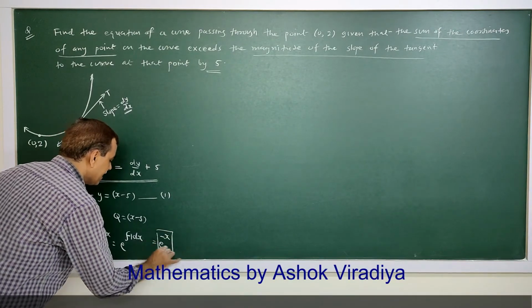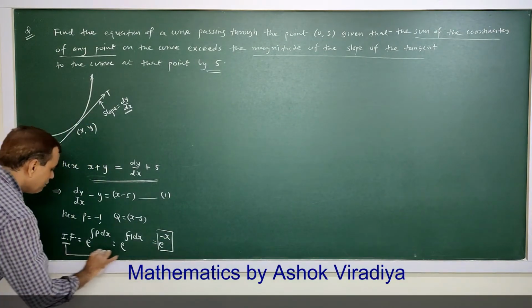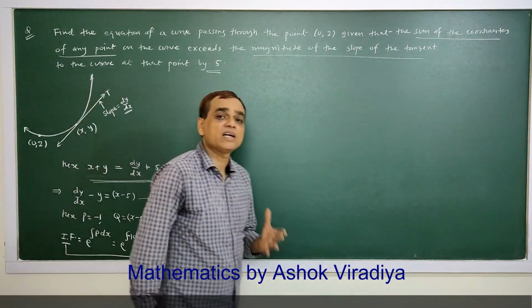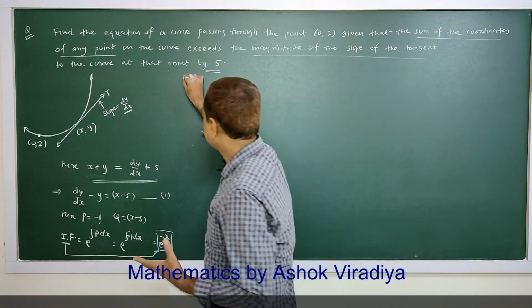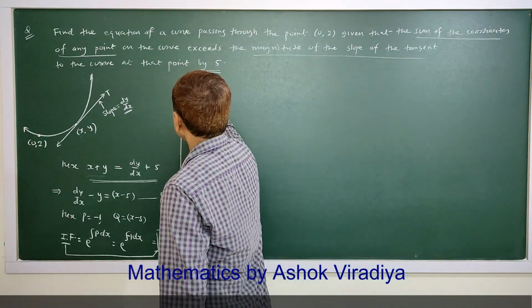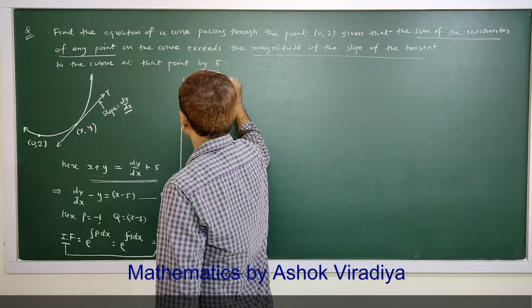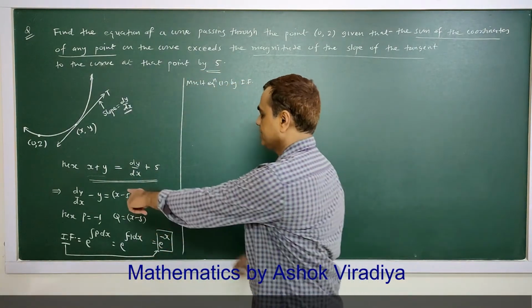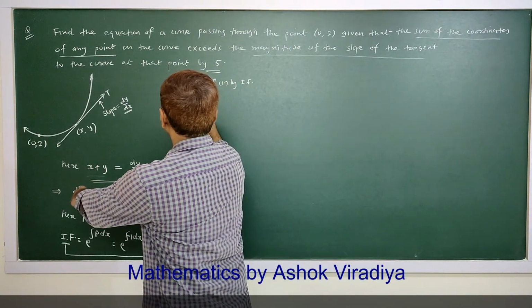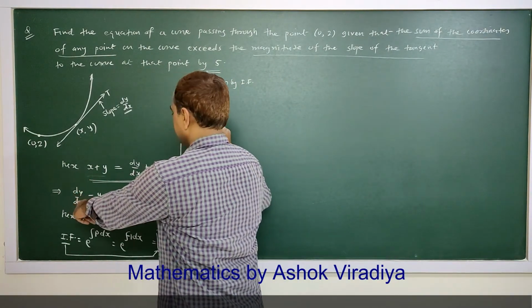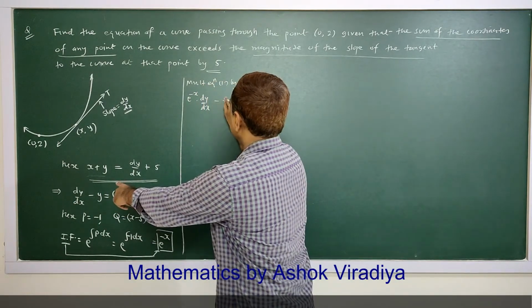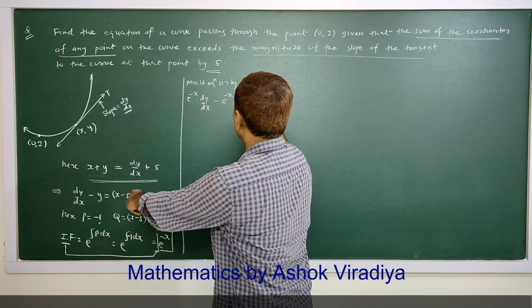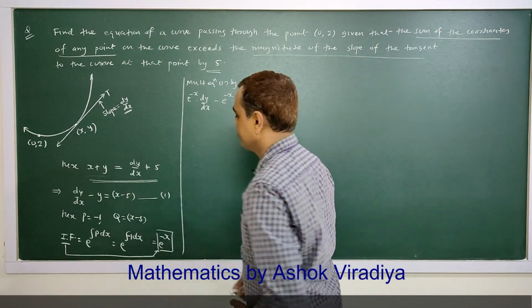This is the integrating factor. Now we are multiplying this integrating factor to equation 1. So multiplying equation 1 by integrating factor, here e raised to minus x into dy by dx, minus e raised to minus x into y equal to e raised to minus x into x minus 5.